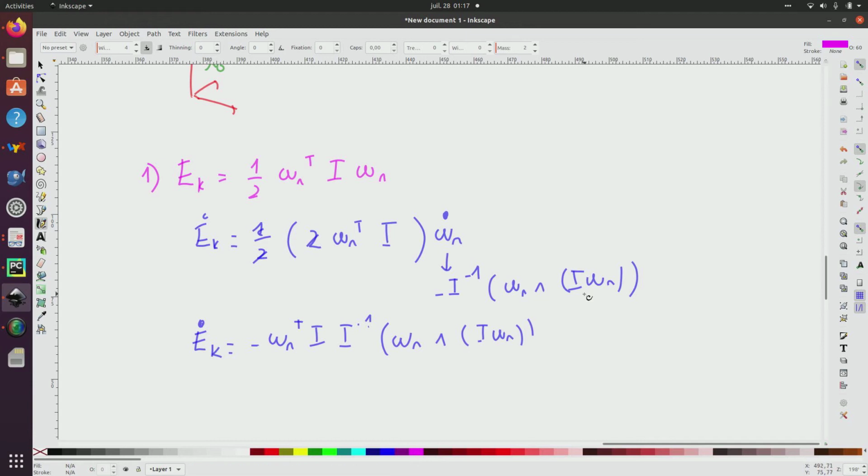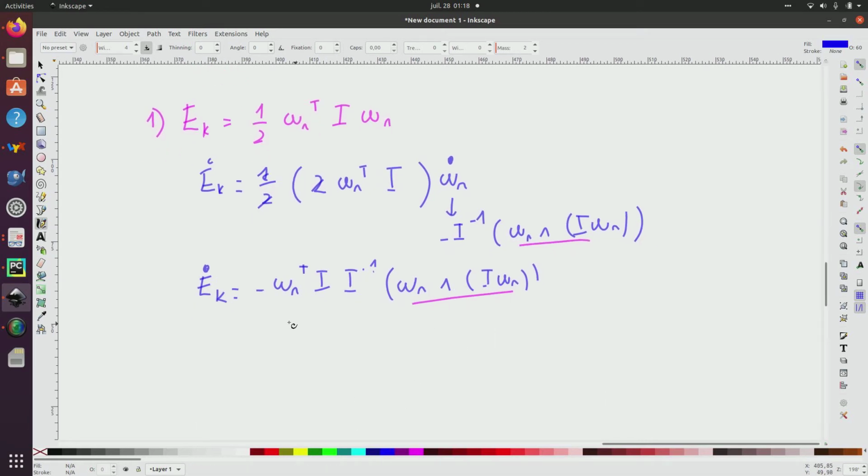So this is given here. After the simplification, I will obtain that it is equal to minus omega r transpose multiplied by omega r vector product I omega r.